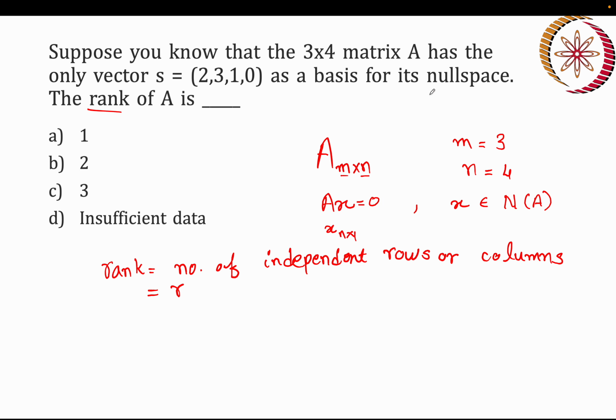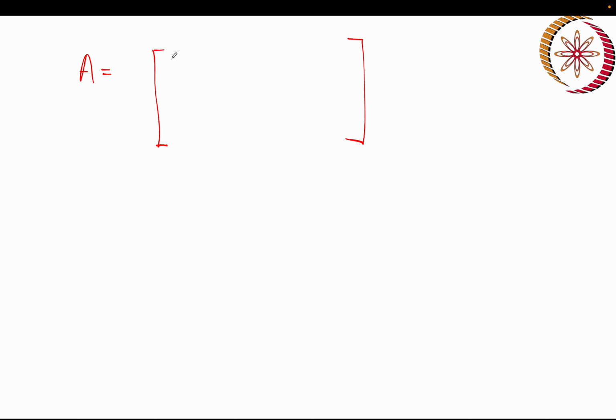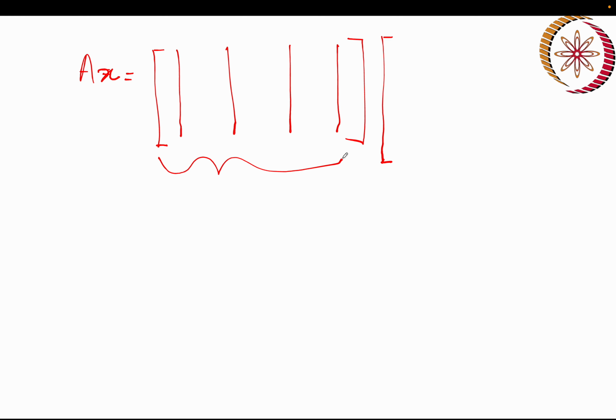In this case A is 3 by 4, so there are 3 rows and 4 columns, and the X vector will have components x1, x2, x3 and x4.